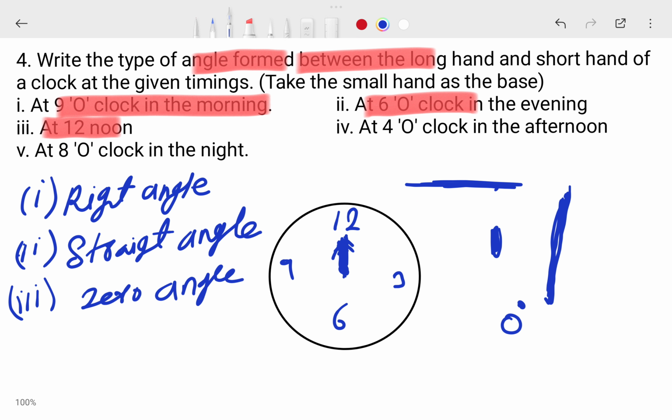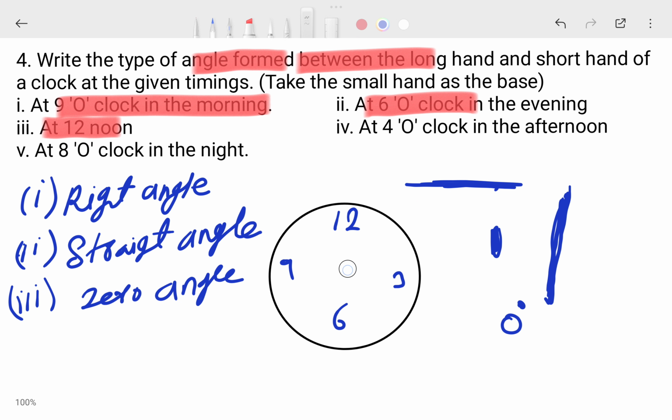If it is 3 o'clock, it also looks like that. But if it is 3 and 15, then hours, minutes, seconds come into 3 only, 6 and 6 come into 6 only, and at 9 all come into 9 only. So this is 0 degree.